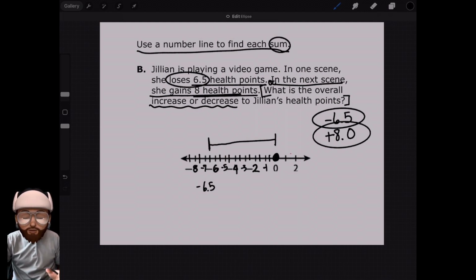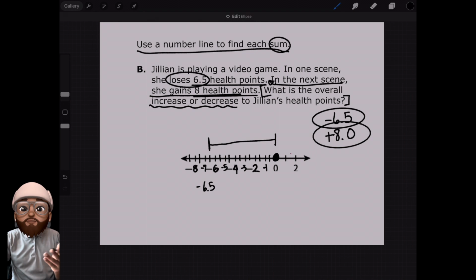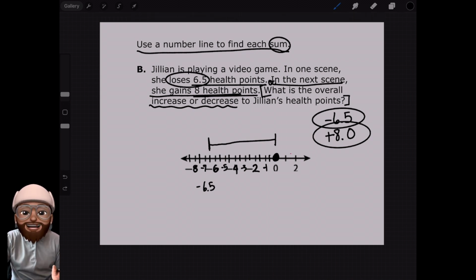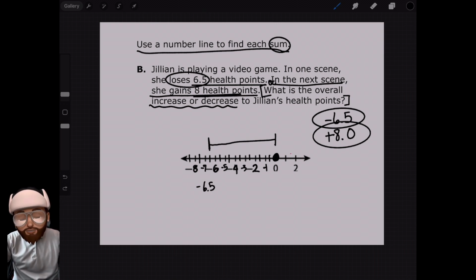So let's see. So we went back to 6.5, and so now, since we're going up 8, we could use the jump method to get there. All right, let's get started. We're starting at a negative 6.5, and we're jumping in the positive direction 8 times. So let's do this.